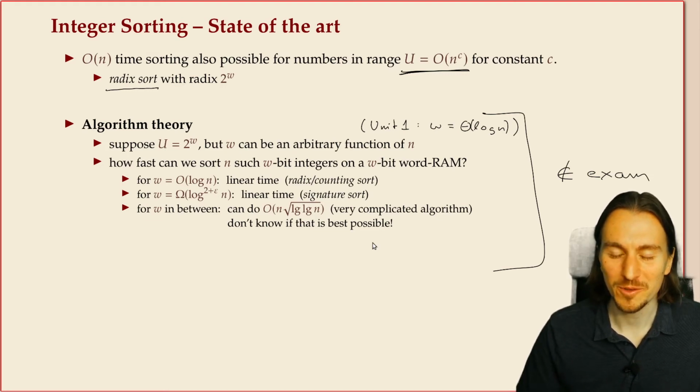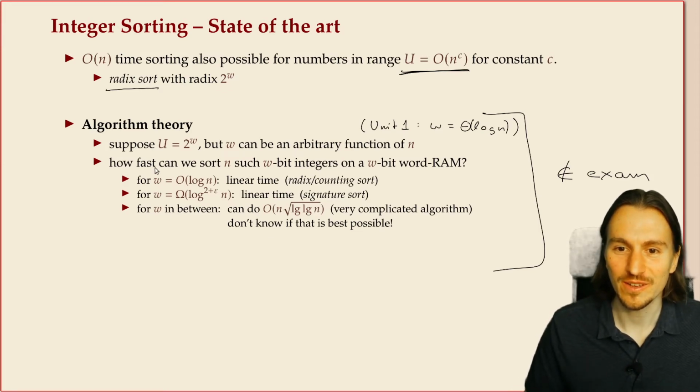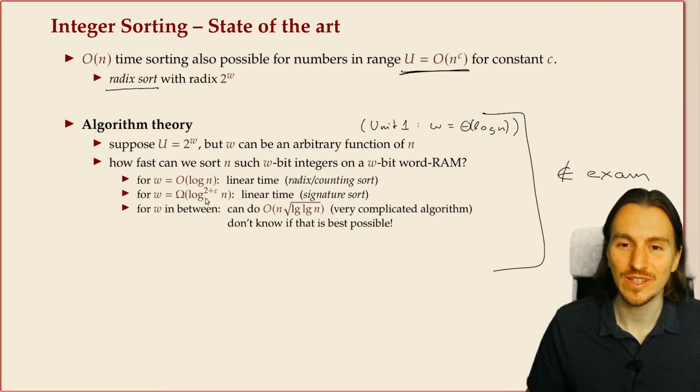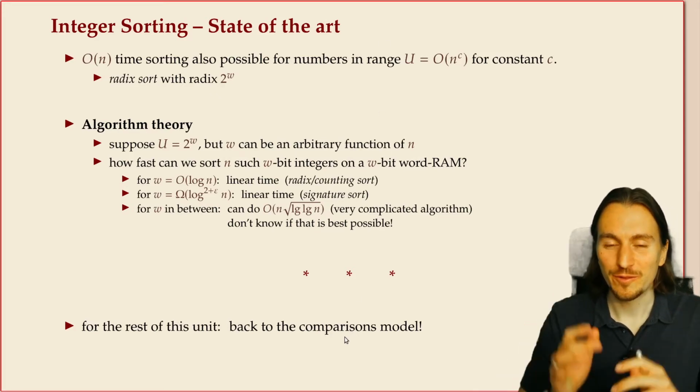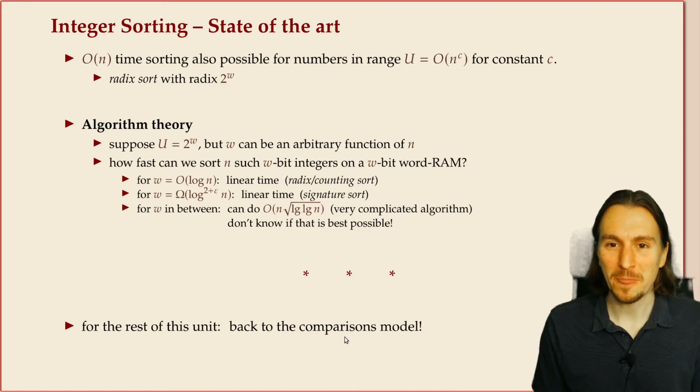I think up to now, we don't know if linear time is the right answer, like in the other cases, or if there is indeed a weird range for w in between where this is not possible asymptotically. For the rest of this unit, though, you can forget about this part.